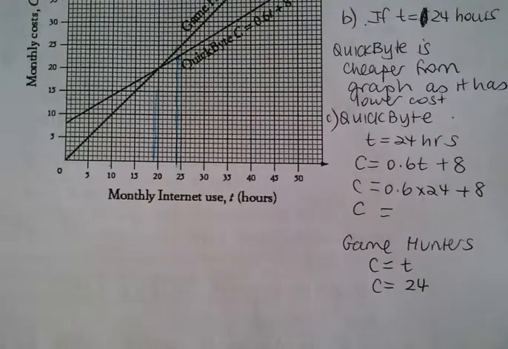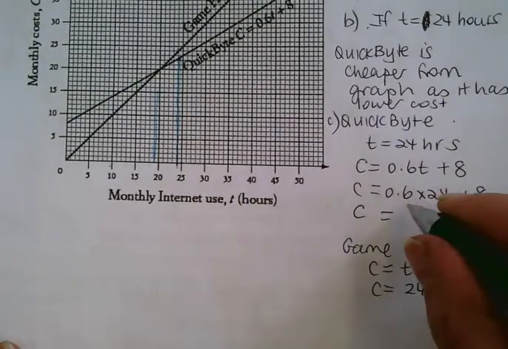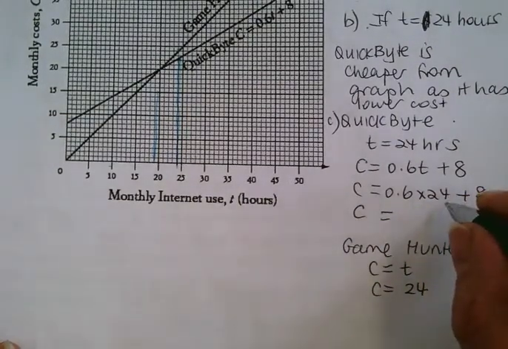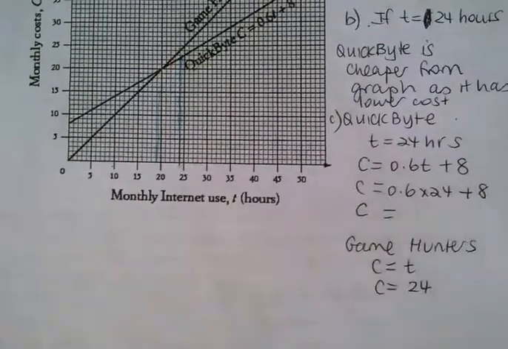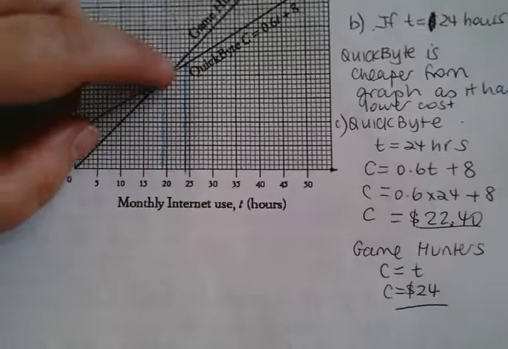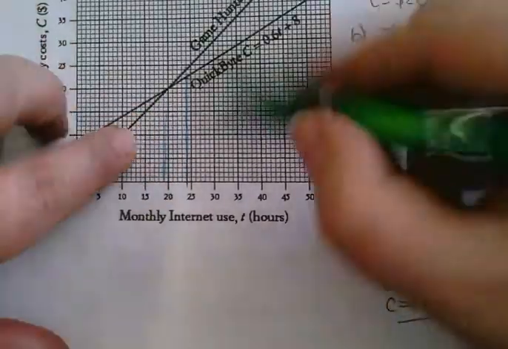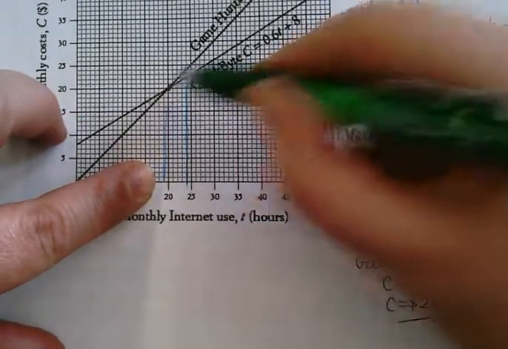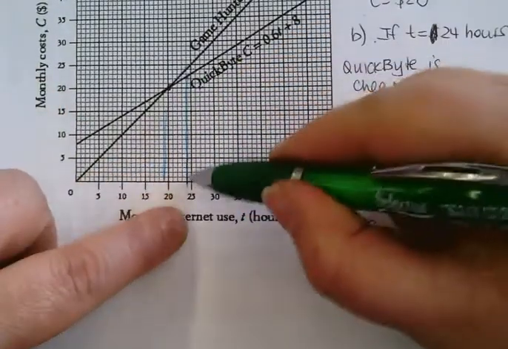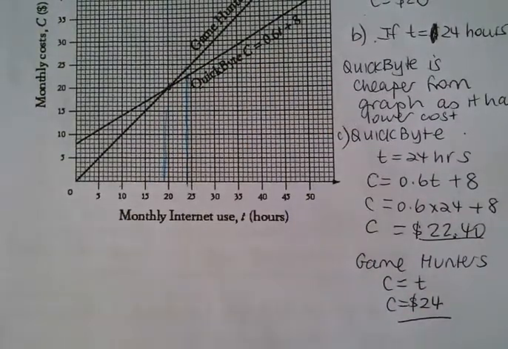Now we know that Quick Bite is going to be slightly better. So 0.6 times 24 plus 8. The reason the answers are really close is that it's just above the break-even point. The break-even point's at 20 hours, so 24 hours is not much more, because it's only 60 cents extra an hour.